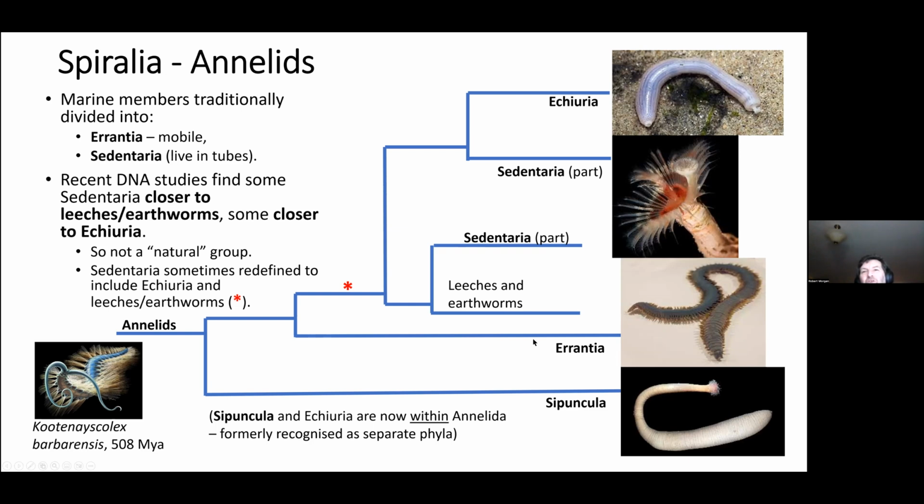And then the other group, completely separately, is the Errantia, things like the polychaetes that wander around on the rocks.